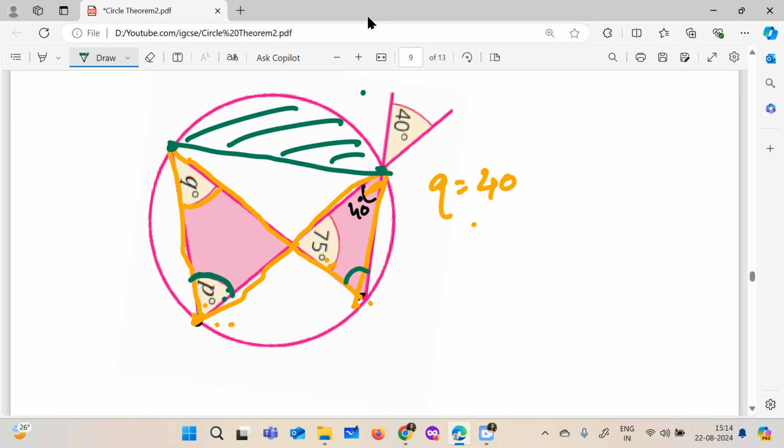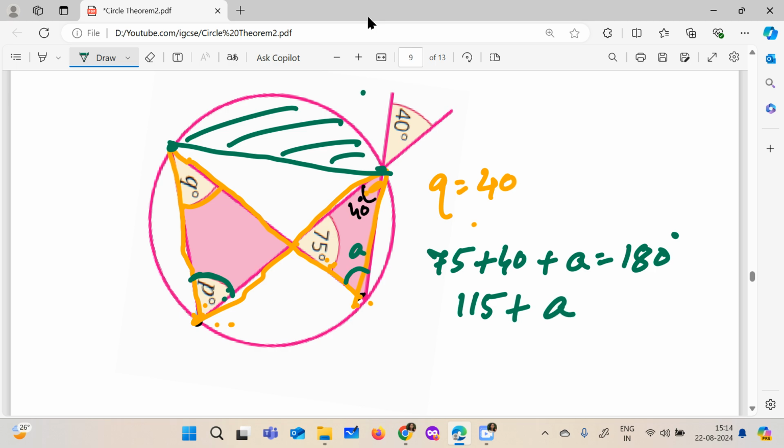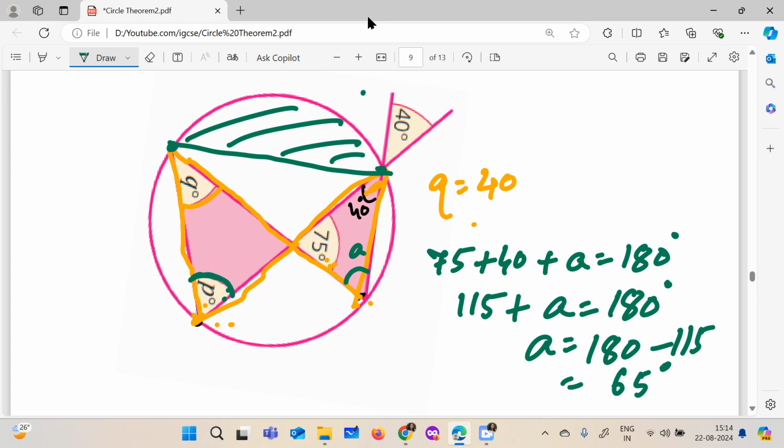Following the angle sum property, we have 75 plus 40 plus A equals 180 degrees. So 115 plus A equals 180 degrees, and A equals 180 minus 115, that is 65 degrees. Is this clear to you? If this one is 65 degrees, A is 65, and P is also 65. Is this clear?